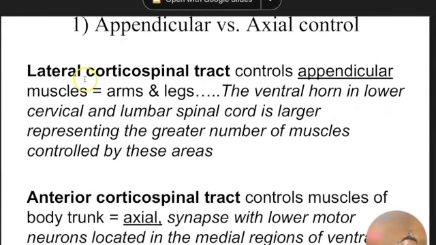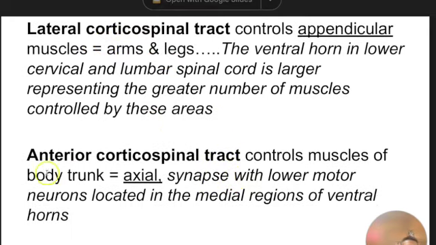So there's the lateral corticospinal tract, which controls the appendicular muscles, arms and legs, with the ventral horn in the lower cervical and lumbar spinal cord largely represented by a greater number of muscle control in this area. There's also the anterior corticospinal tract, which controls muscles of the body and trunk.